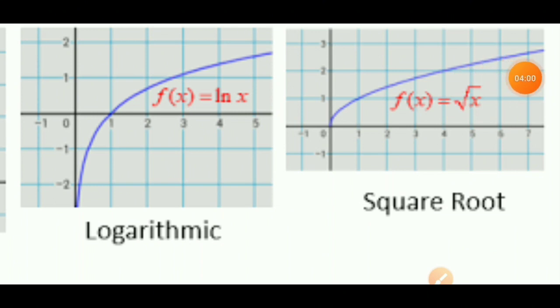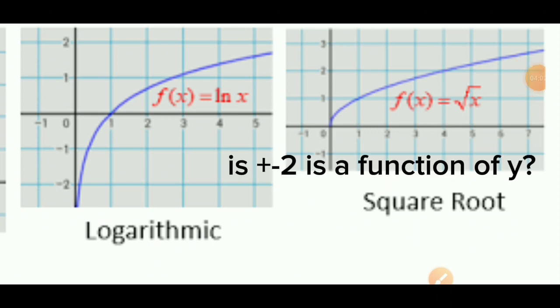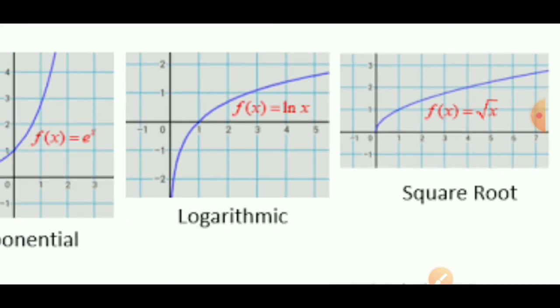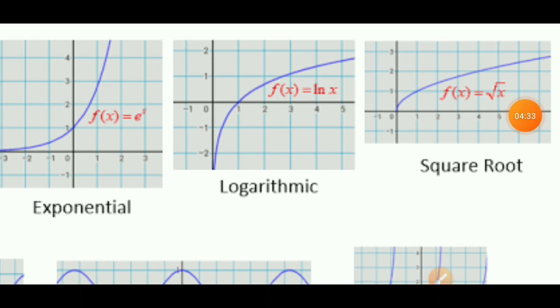Is positive or negative 2 a function of x? The answer is no, because we have two output values. We only need an input with a unique output, so we must obtain only one value. So we only take the positive square root of x.